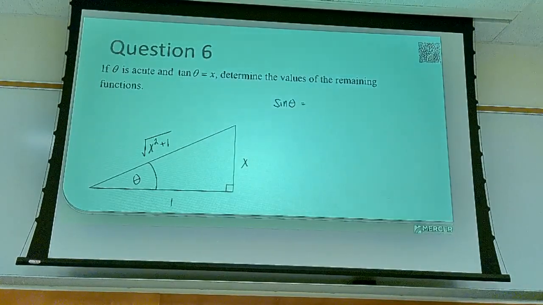What's sine? Sine is opposite over hypotenuse. So x over the square root of x squared plus 1.